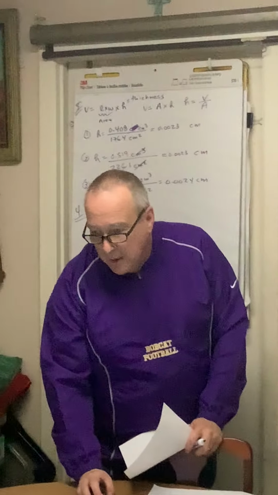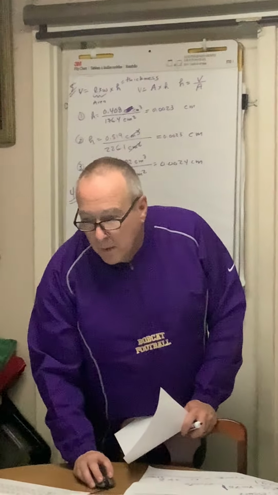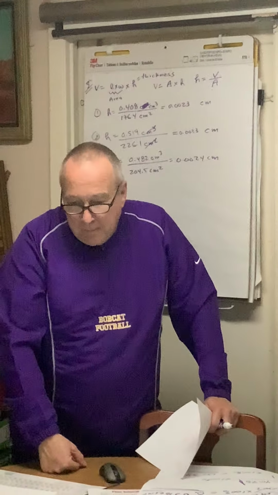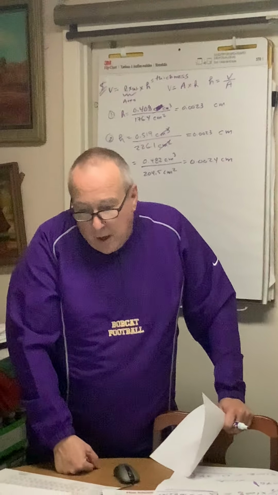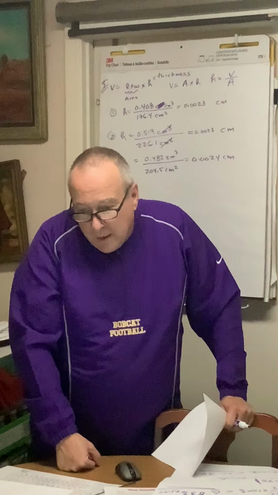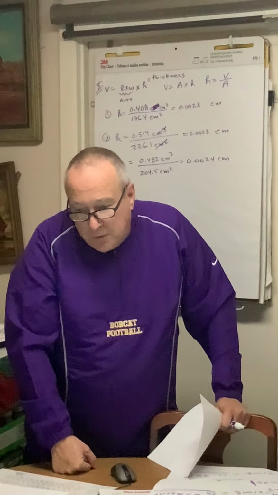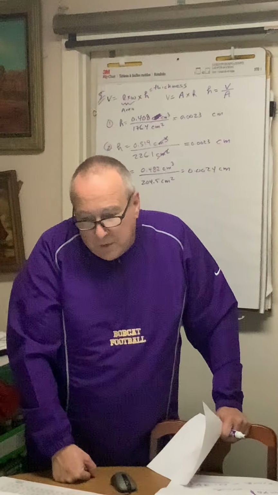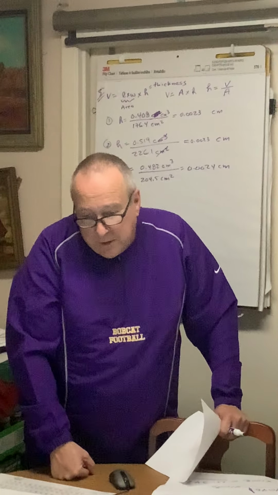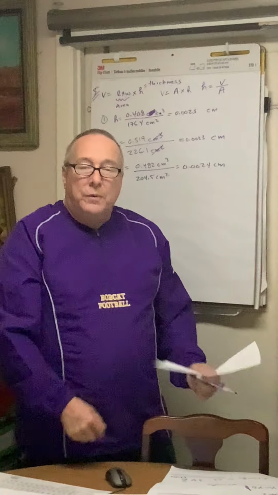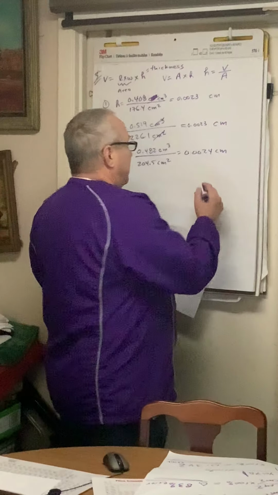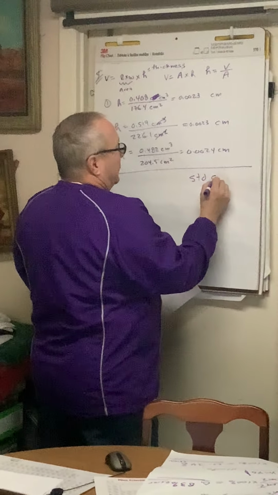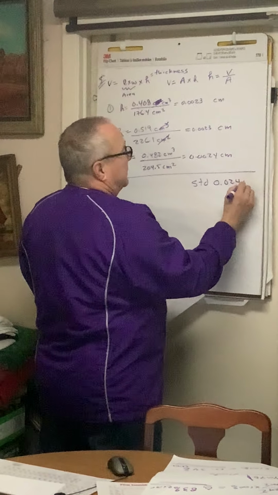I will have a projector set up here next time. The standard household foil is typically 0.016 millimeters, and heavy-duty household foil is typically, the industry standard is 0.024 millimeters.